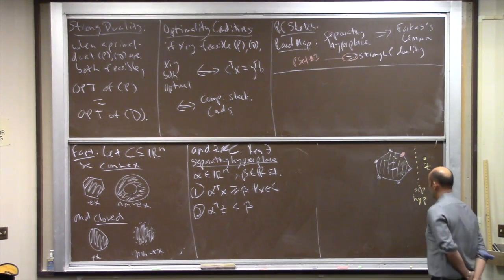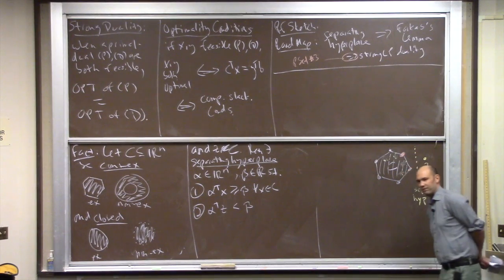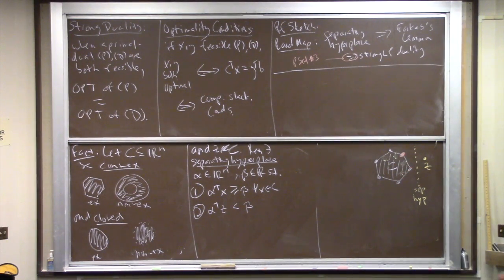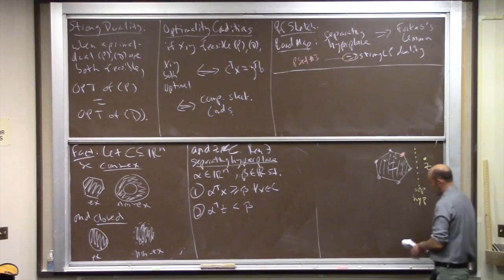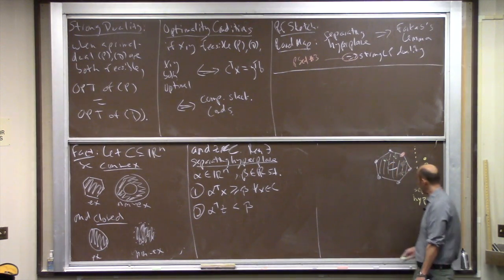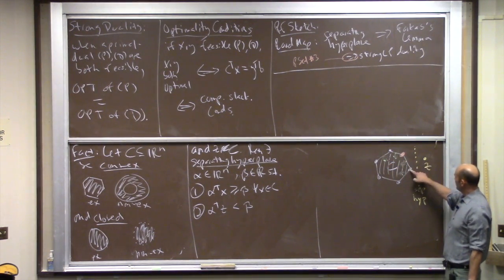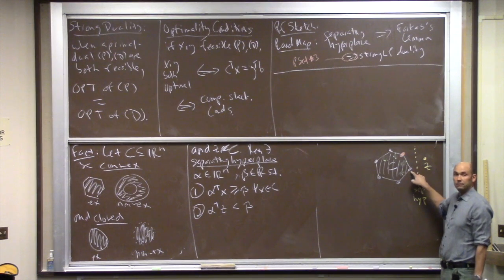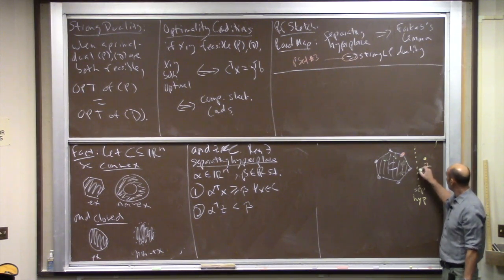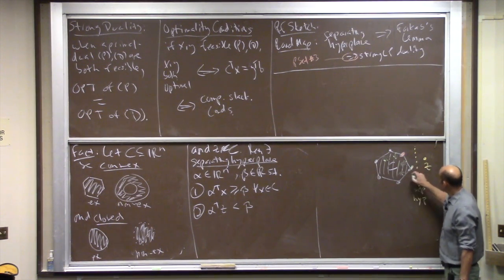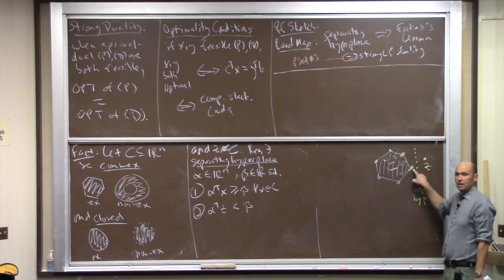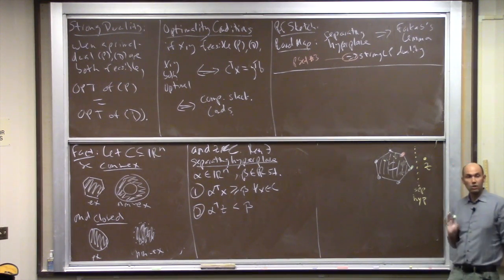For those of you that know a little bit of mathematical analysis, like Math 115 or 171, and no worries if you don't, but if you do, how would you do it? It's not very hard if you have a little bit of training. You just say, well, let's look at the nearest neighbor to Z in C. Maybe it's closest to this point here. This is where you use the fact that C is closed.